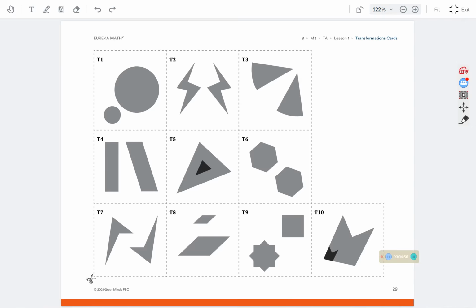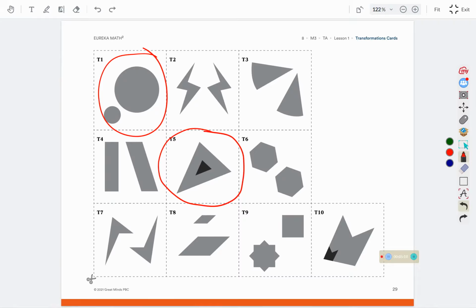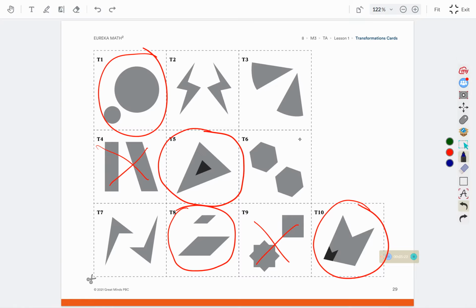It doesn't require a dilation to get from here to here. So this one would be a dilation. The size changed. This one requires a dilation. This one and this one. These are not the same shape, so they are not dilations or rigid motions. These ones are all the same size and the same shape, so those ones are only rigid motions and do not require a dilation.